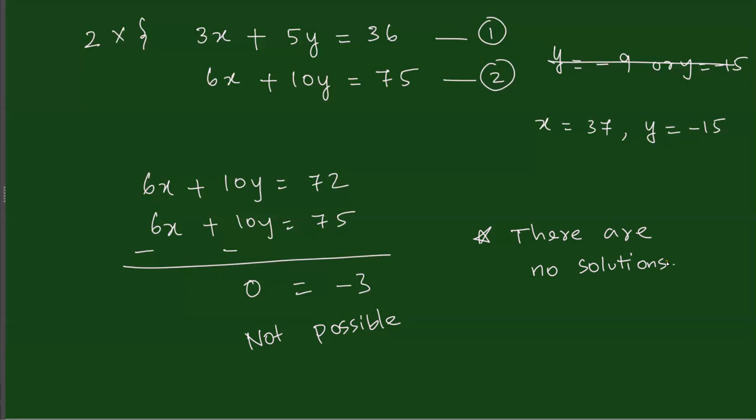Sir, I got two answers, x and y, but they won't satisfy the equation. Then how can we say they are the answers? They have to satisfy the equation, right? You have access to a calculator, so you don't have to do mental calculation. I checked, sir, and x equals 27.5 doesn't satisfy.